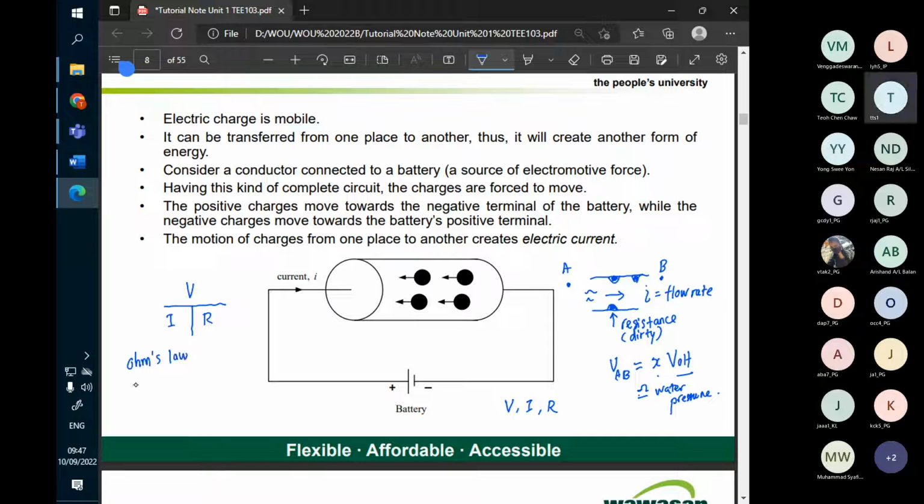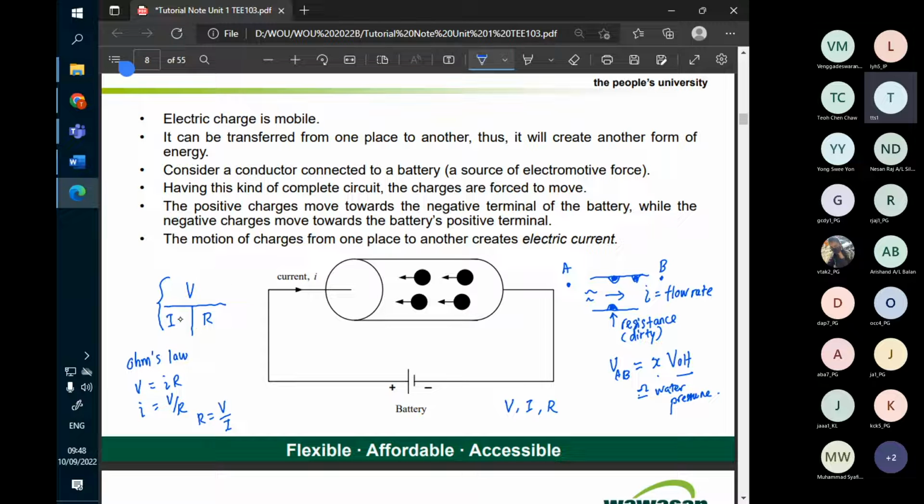Ohm's law defines V equal to IR. V is equal to I multiplied by R. I is equal to V over R. And the last one, R is defined as V over I. So if you can memorize this pattern, VIR, you can easily obtain Ohm's law by just looking at it.